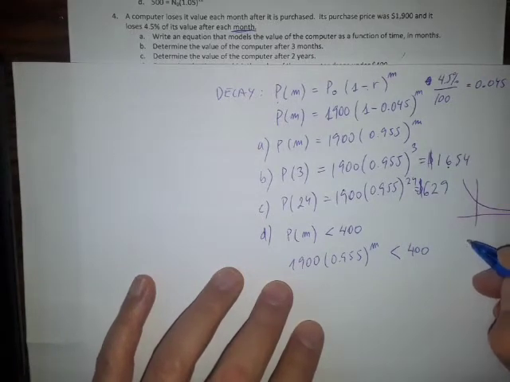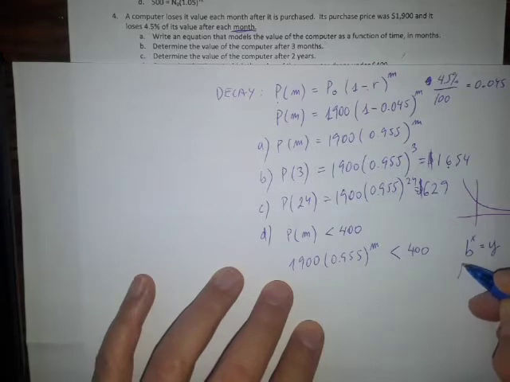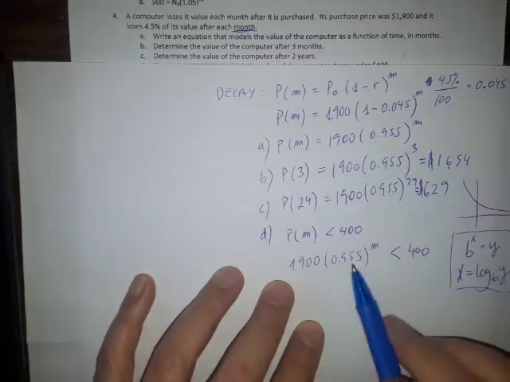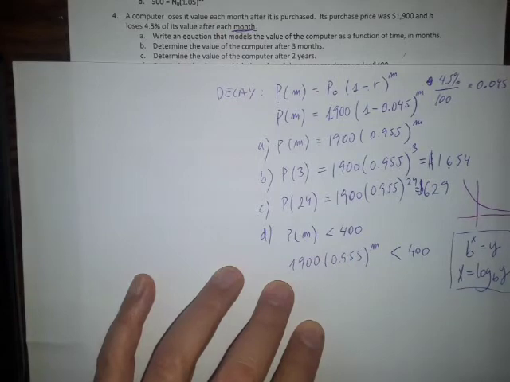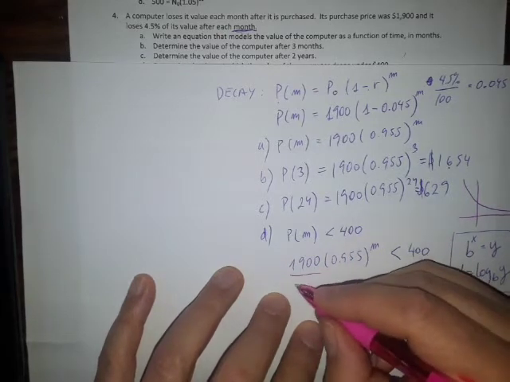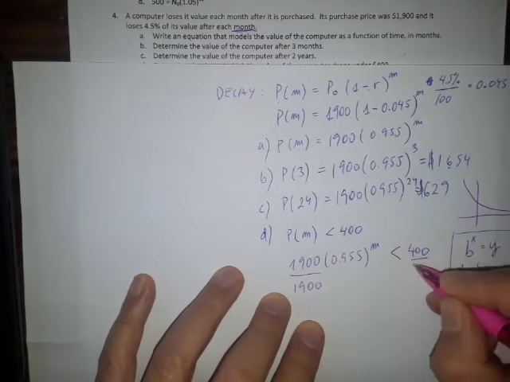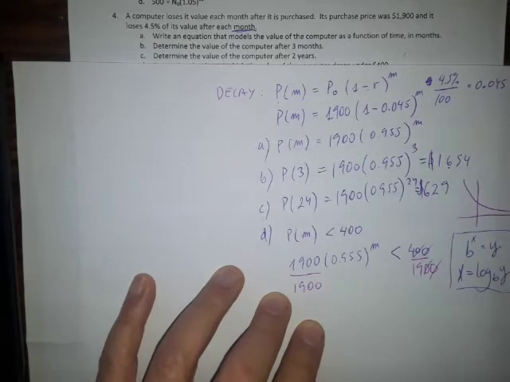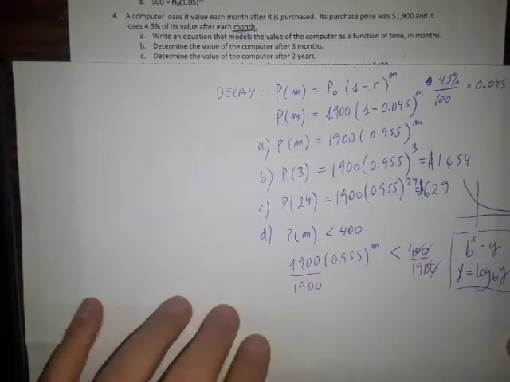Okay, so we need to have something like this. Remember, b to the x equals y, and then we do x equals log base b of y, right? That's what we need to do this transformation, but to do this we need the base to be alone by itself, so we're gonna divide both sides over 1900. When we do that, we can cancel these zeros because it's like dividing 100 over 100, which is 1, right?